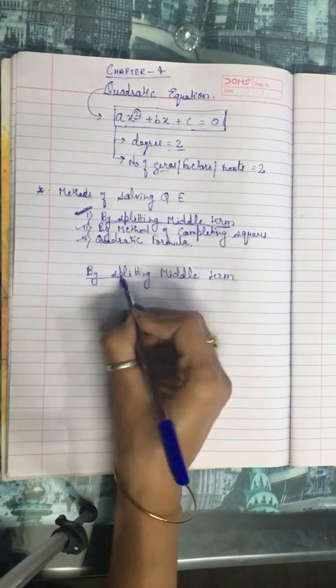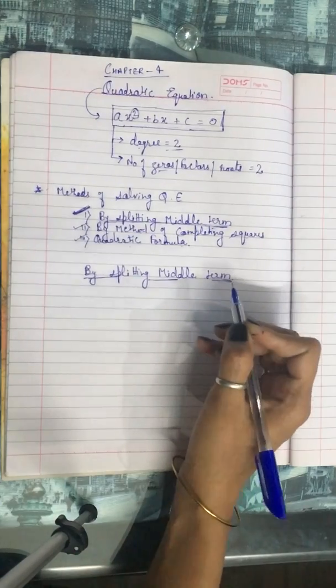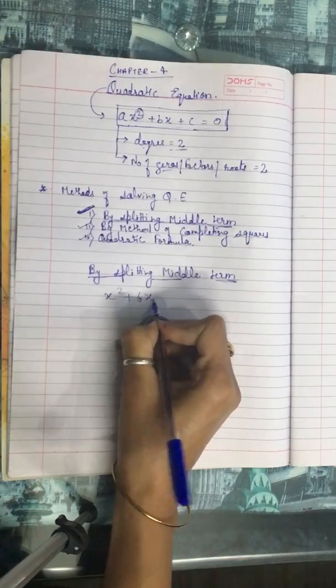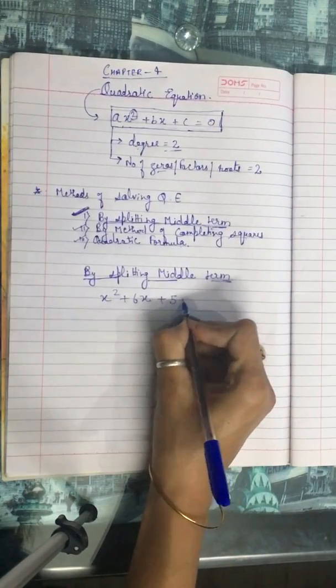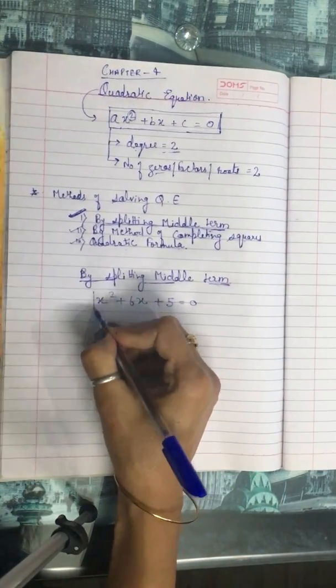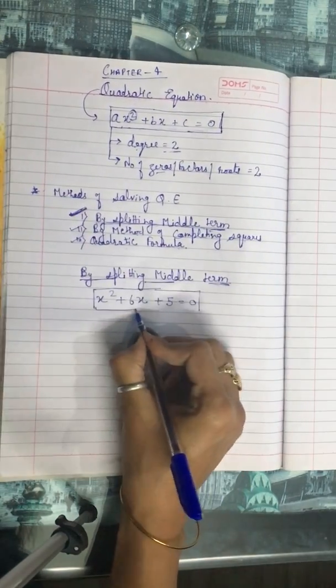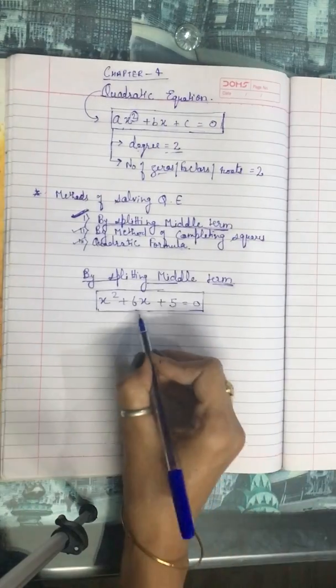For this method, let's take a quadratic equation, x² + 6x + 5 = 0. This is the quadratic equation which we are given.